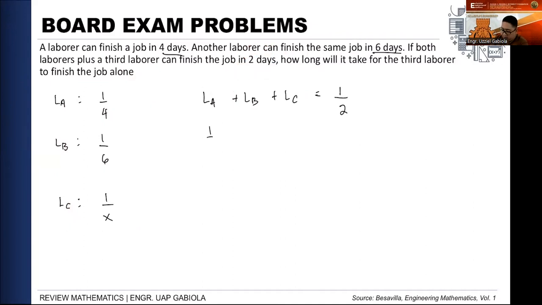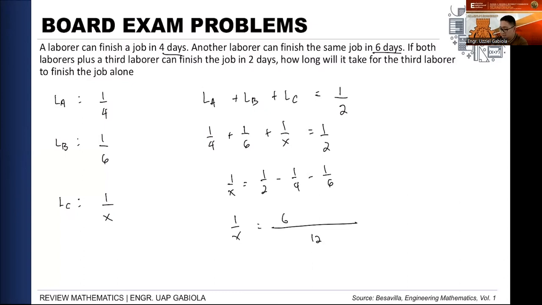So 1/4 plus 1/6 plus 1/x is equals to 1/2. Okay? Transpose natin to the other side. So 1/2 minus 1/4 minus 1/6. Get natin yung LCD niya. So LCD natin is 12. So this is 6 minus 3 minus 2. This will be 1/x is equals to 1/12. Or reciprocal natin, x is equals to 12.